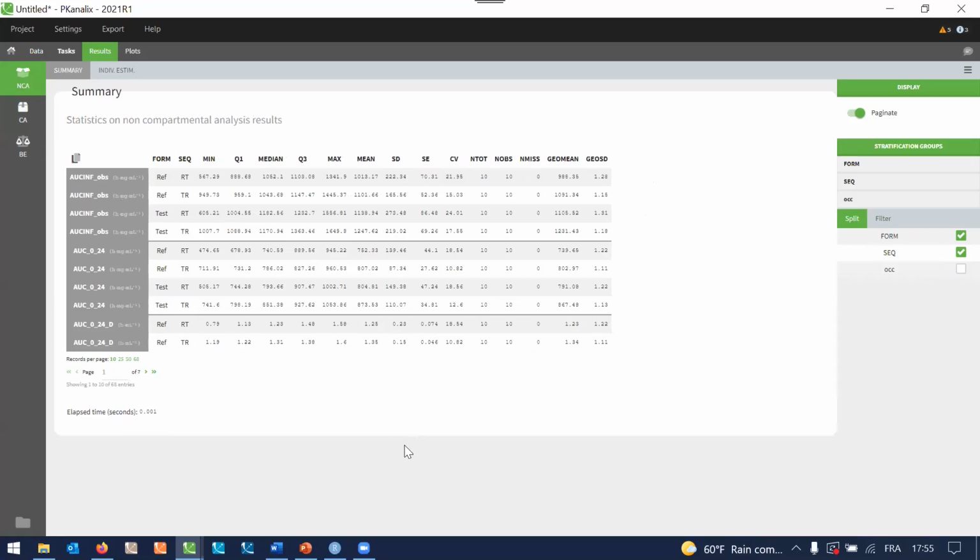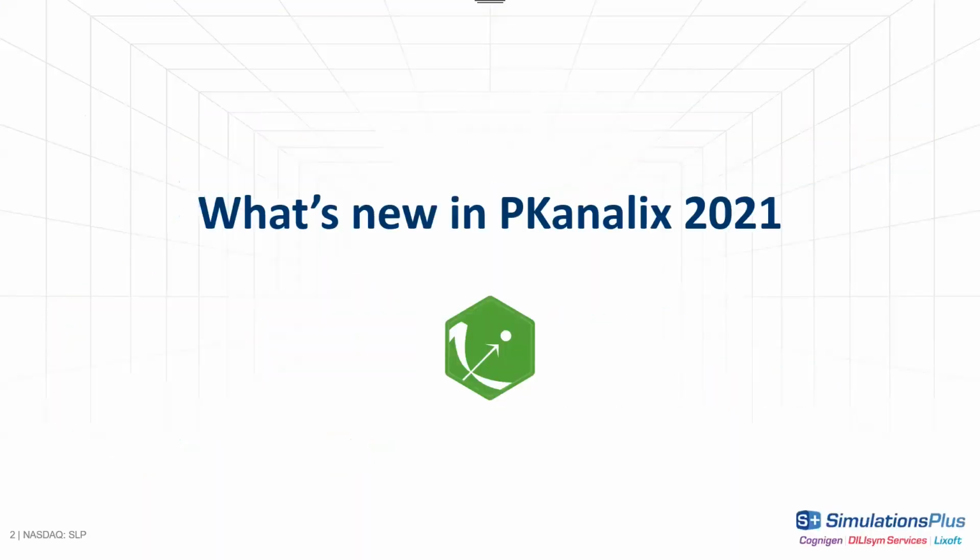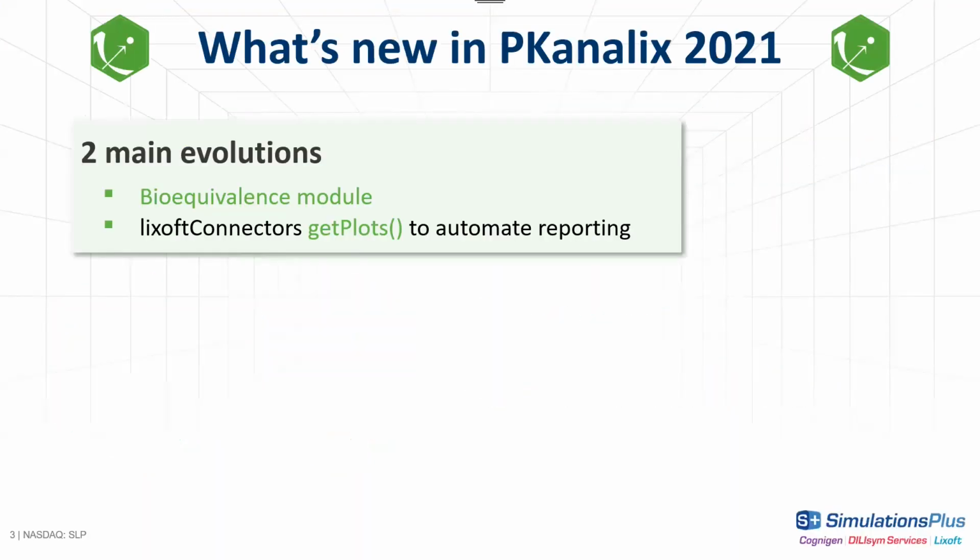So as I have shown you so many things in such a short time, let me summarize quickly the new features of PKanalix in 2021. The first main evolution is the whole new bioequivalence module with its settings, result tables, plots, as for any other task of our applications.